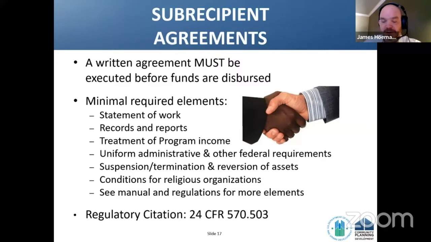We refer to that often as the sanction portion, which is you need to have the ability to exercise that authority so that you can suspend or terminate the activity for performance or other reasons, as well as your reversion of assets. This is where you would get into supplies and property that would be acquired with the grant and how they are to be treated, as well as your faith-based organization requirements that are in there.